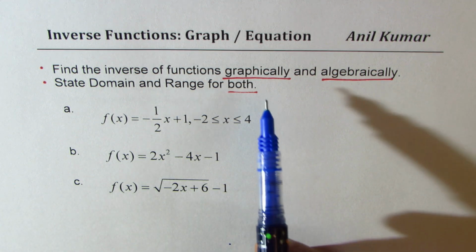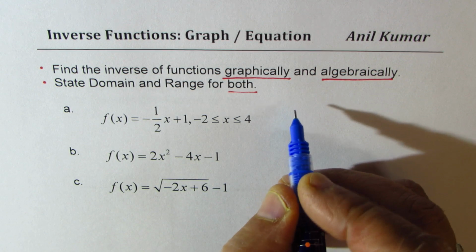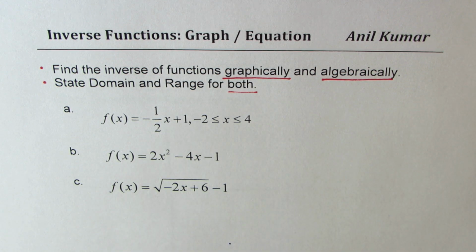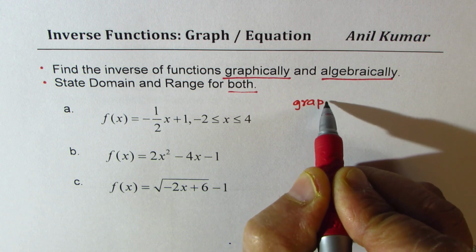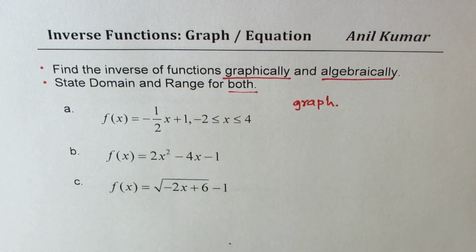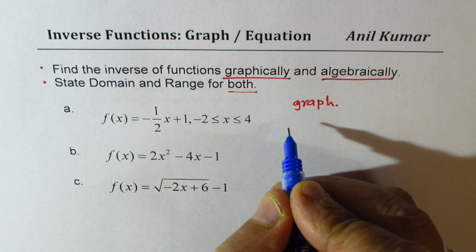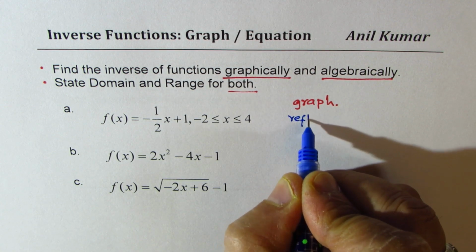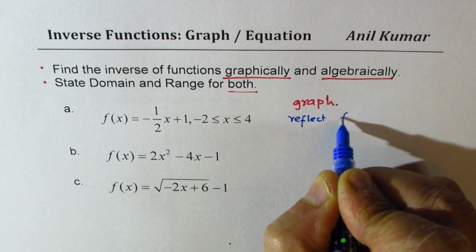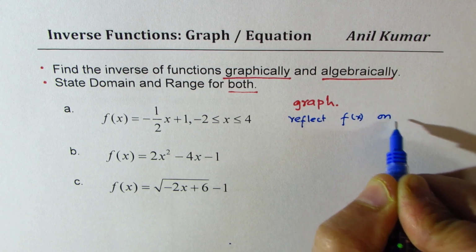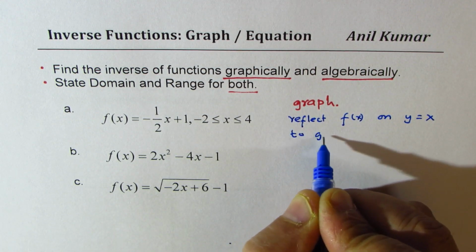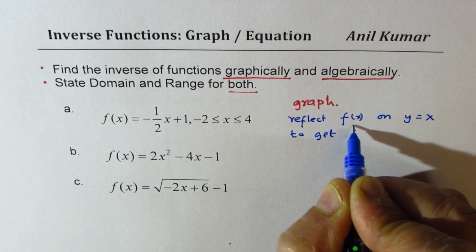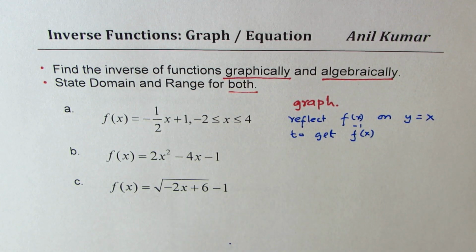Things to remember, when you do it graphically, what should you do? Let me summarize. If you have to draw a graph, you could reflect f of x on y equals x to get the inverse function, right?